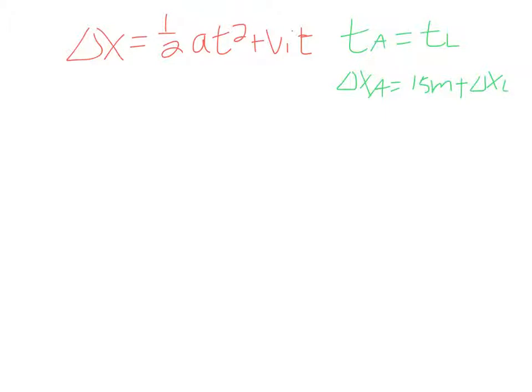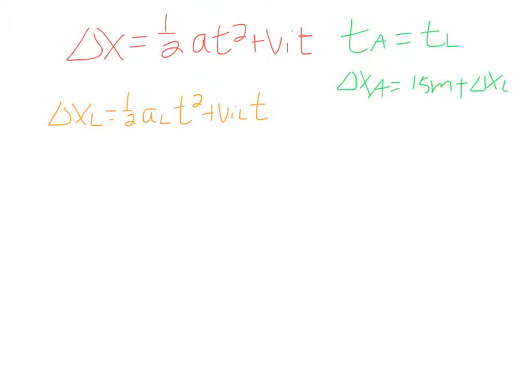So let's look at this equation for the leader. Delta x for the leader is equal to 1/2 times the leader's acceleration, t squared, no subscript with the t because the t's are the same for the leader and AJ, plus the leader's initial velocity times time.